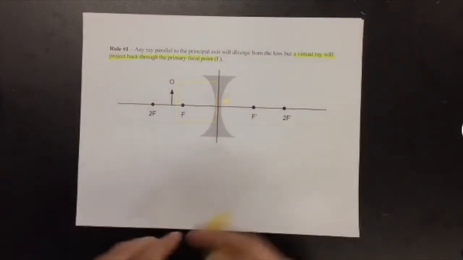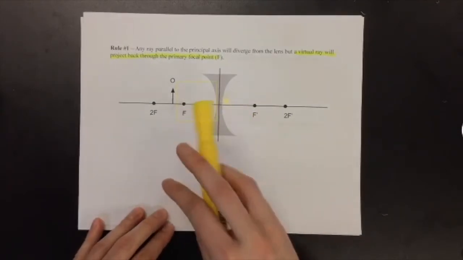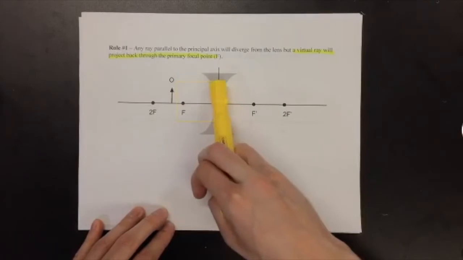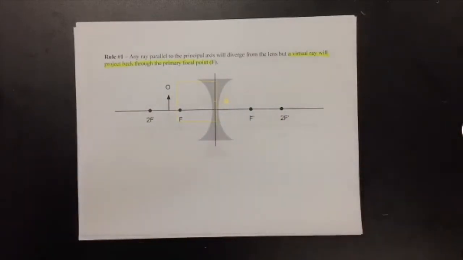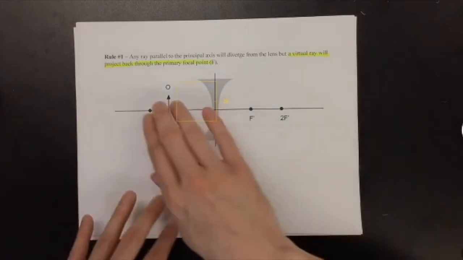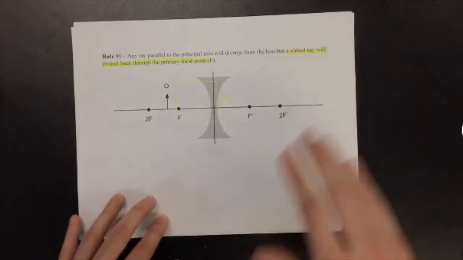Again, notice here, we've switched. The primary focal point is now over here because that is where light rays from the object will appear to converge. Yesterday it was where they will actually converge, but the thing that's the same here is that it's where parallel rays from the object converge or appear to converge, okay?